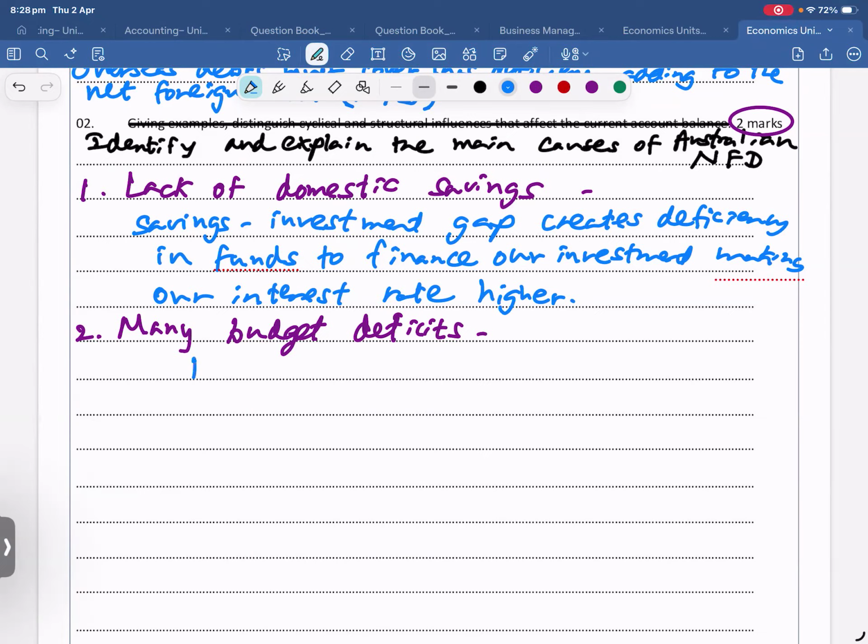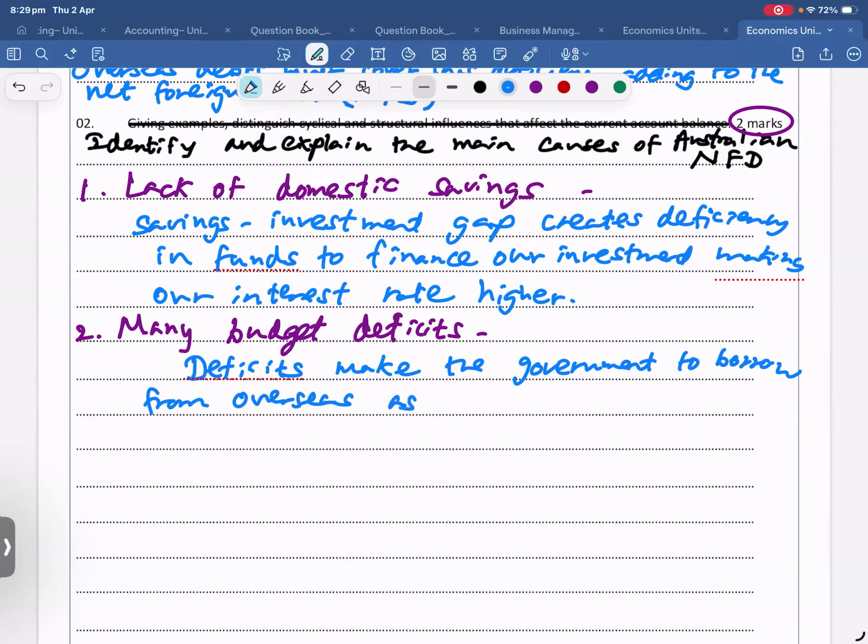Deficits make the government borrow from overseas, as there are not enough funds domestically.